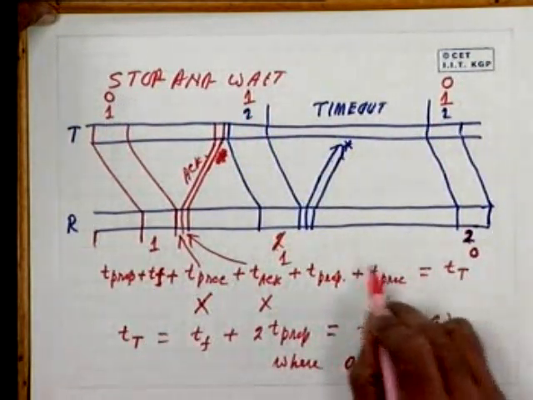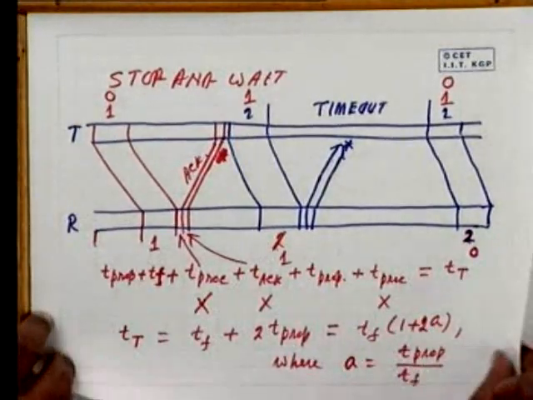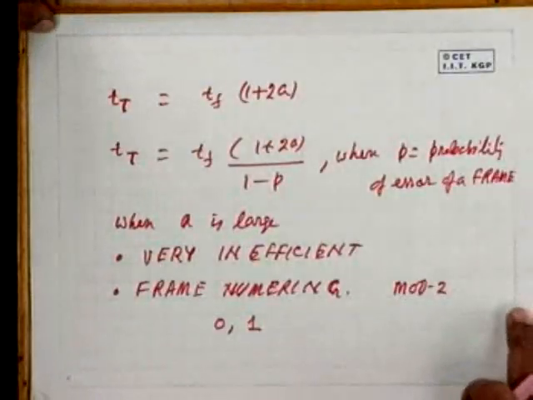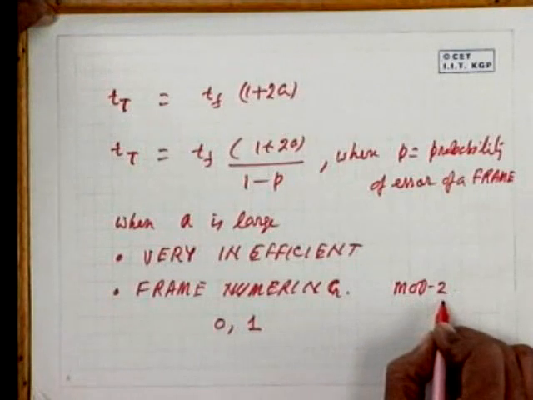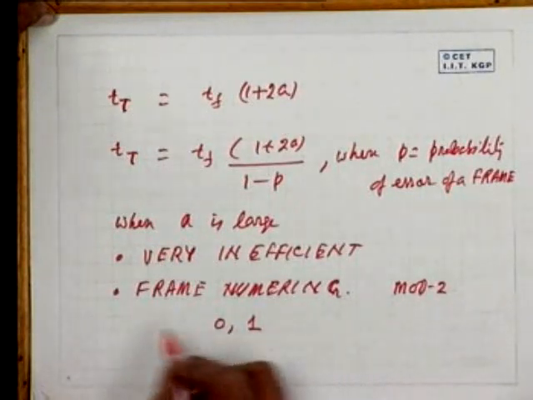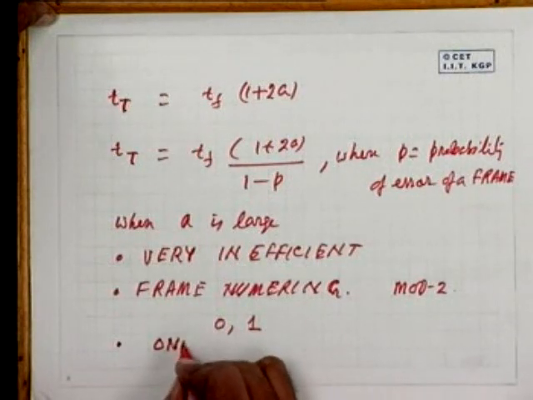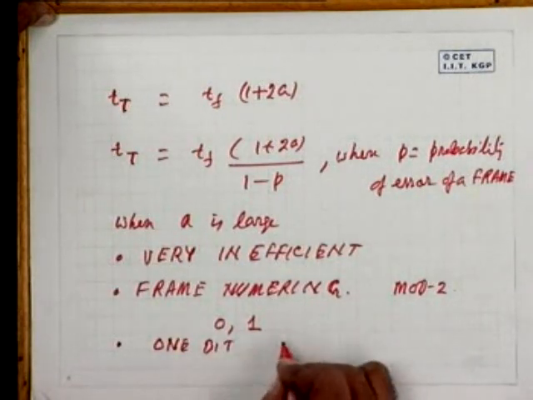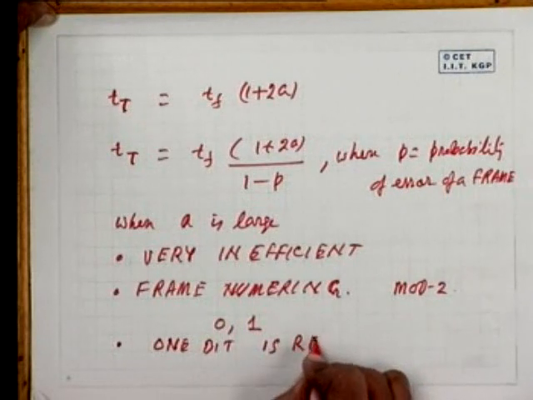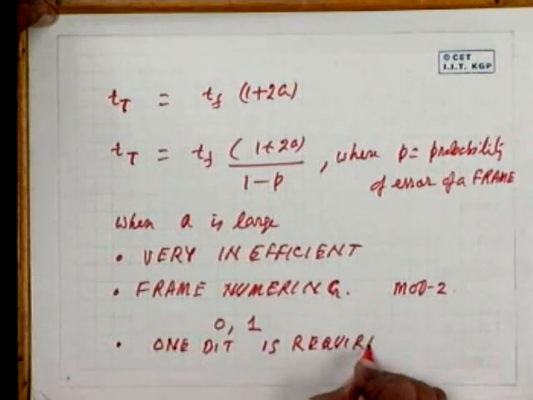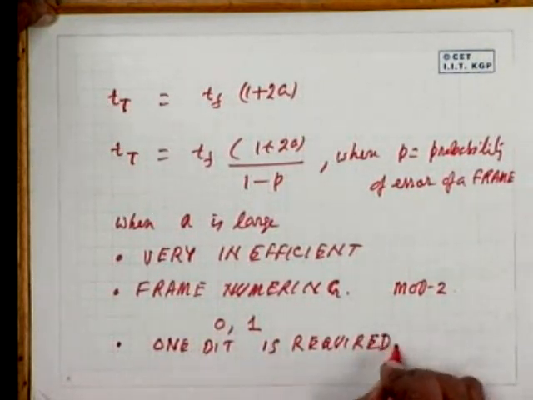So in your stop and wait scheme, a mod 2 numbering scheme can be used, and the number of bits required is only 1. One bit is required to represent the number.